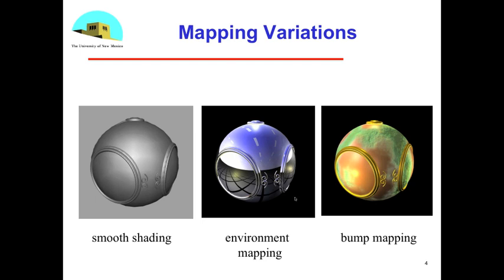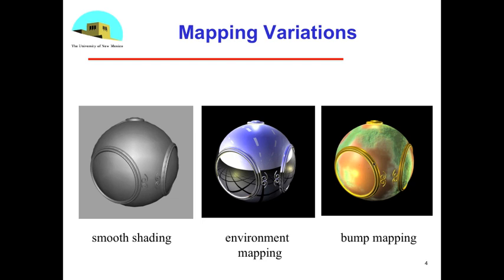So one of the things we'll see is that environment mapping is really an application of the straightforward texture mapping we talked about in the last couple of lectures, with this added part: how do you get this environment and construct the necessary texture maps.